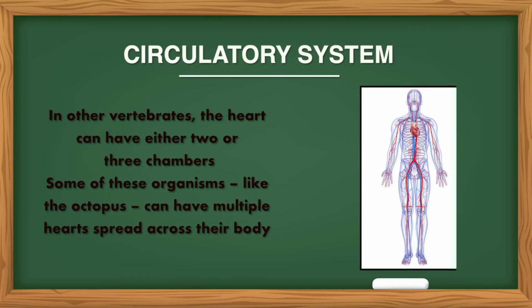In birds and mammals, the primary organ of the cardiovascular system is a 4-chambered heart with its associated blood vessels. In other vertebrates, the heart can have either 2 or 3 chambers.